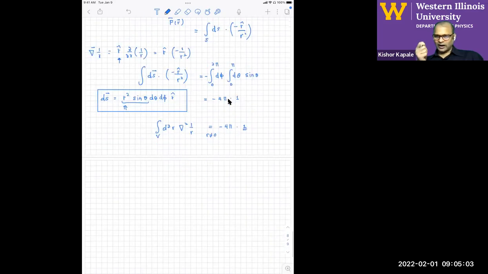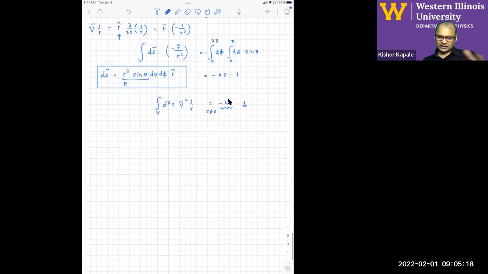I mean, it's not quite 1. It is 0 when r is not equal to 0, so it follows the delta function property correctly. But the integral over all volume of space is not 1. It has this extra negative 4 pi that it comes with, right?